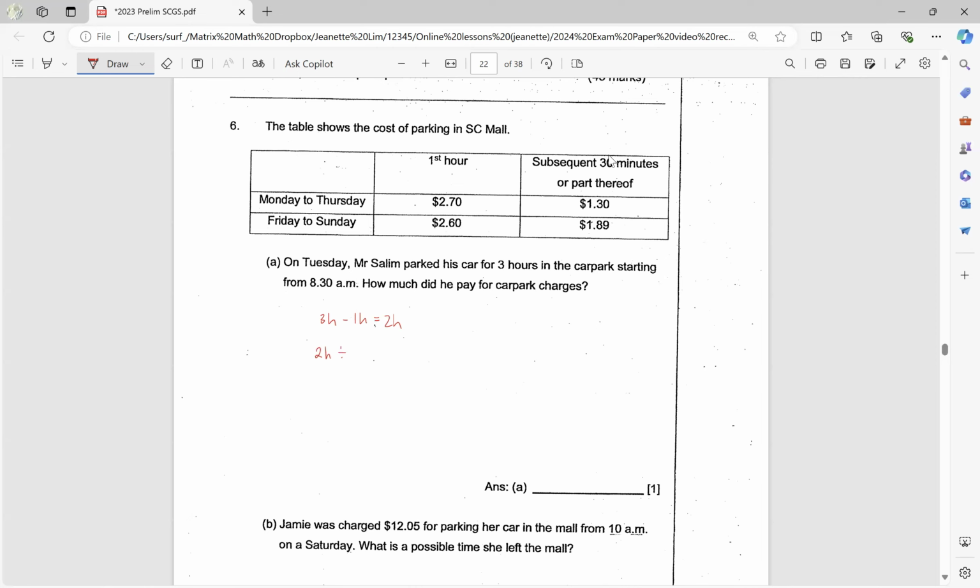So 2 hours divided by half. Can you count how many half hours there are in 2 hours? That will give you 4. So we have 4 times 130, which is 520.